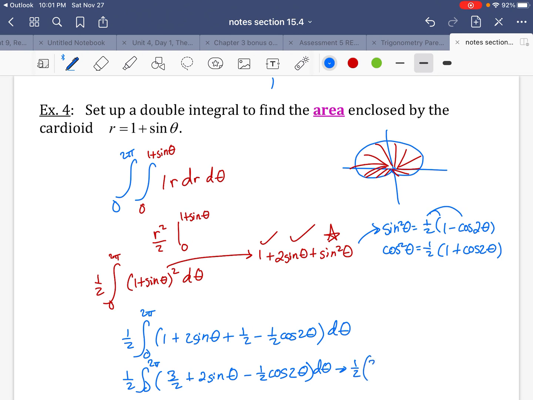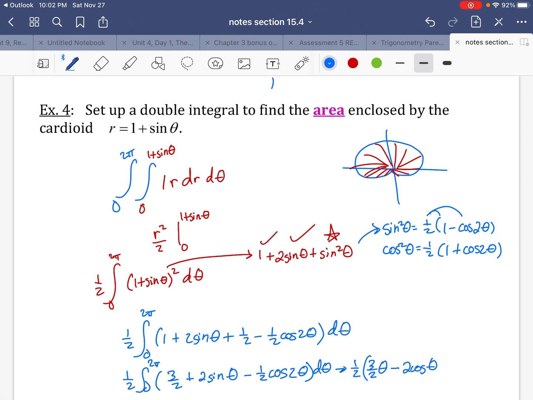All right, so let's do our integral. So 3/2 turns into 3/2 theta. Let's see, plus sine. Integral of sine would be negative cosine, right? So I'm going to get negative 2 cosine theta.